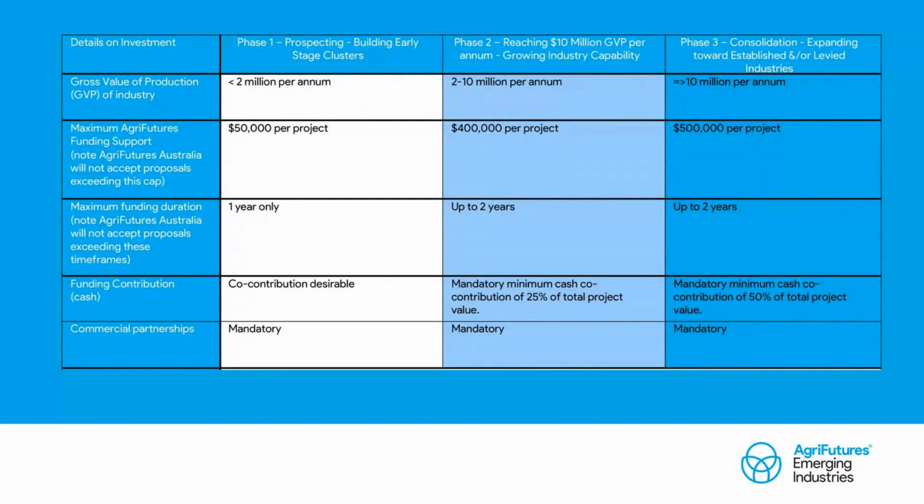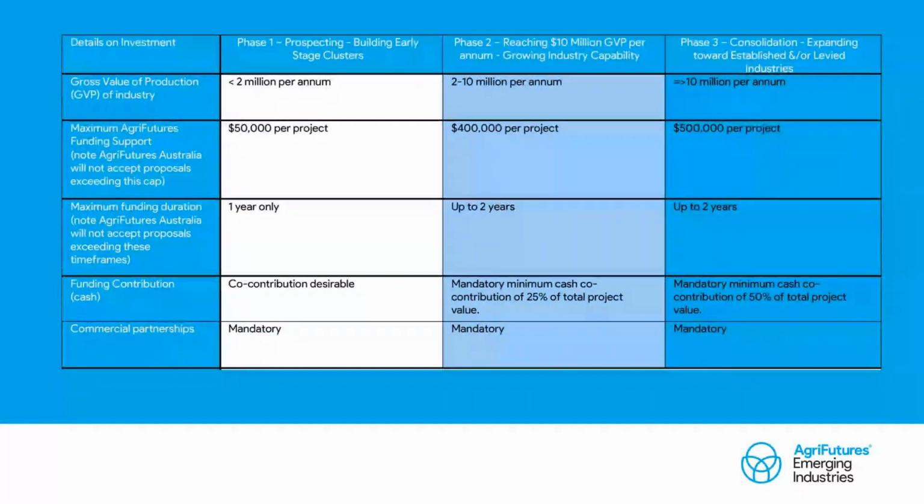So this slide shows the three phases that I just spoke about a moment ago. Phase one, we're calling prospecting, and this is for industries that have a gross value of production of under $2 million per annum. Phase two is between 2 and 10 million per annum, and then phase three is greater than 10 million.